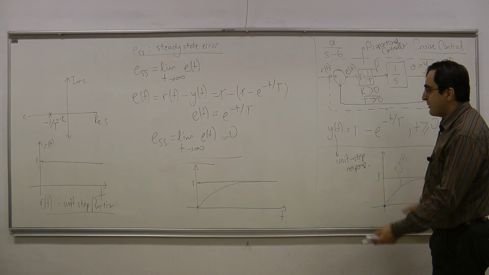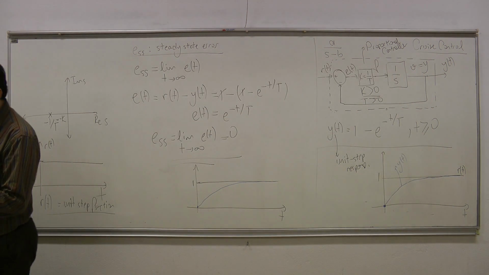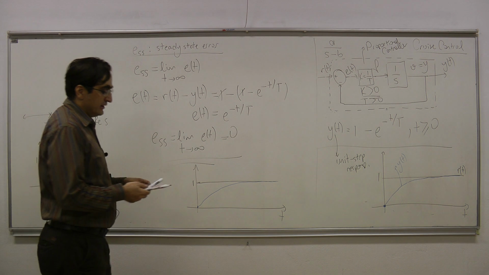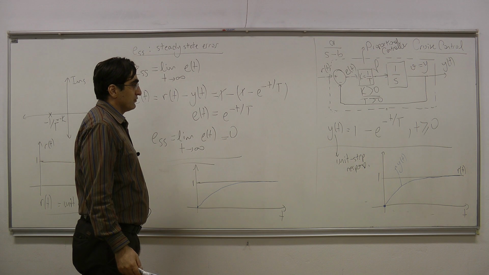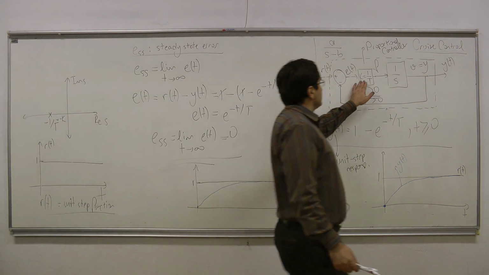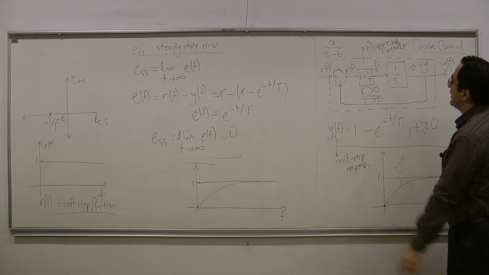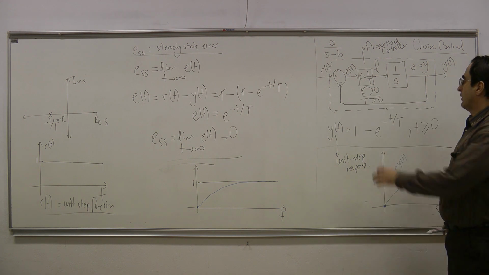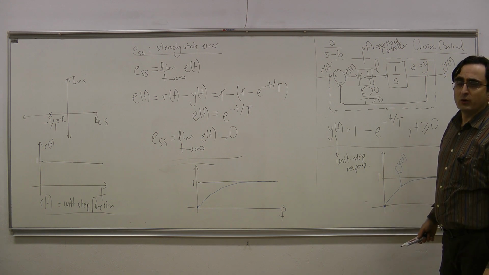Okay? What happens if I change the T value? If I make T larger, how would this response change? You see here that this T is the parameter of our controller, or this K is the parameter of our controller. So by changing T, we are changing the parameter of our controller.